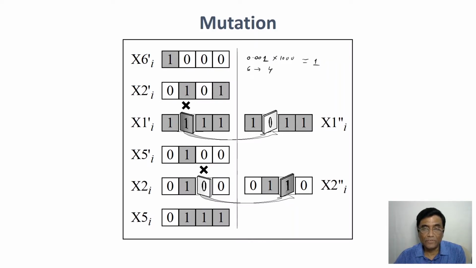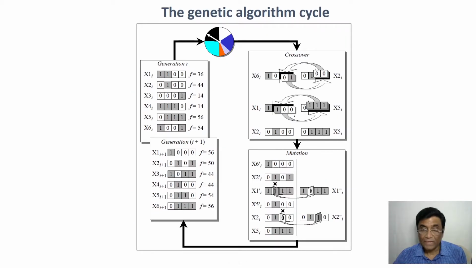And what does it mean? If 6 is there and you are running 100 generations, mutation will not take place. But for mutation to take place, maybe you will have to run 200 generations. So 1,200 chromosomes will be there, and in 1,000 chromosomes you apply the mutation operator. That is the meaning of assigning 0.001 probability, right?